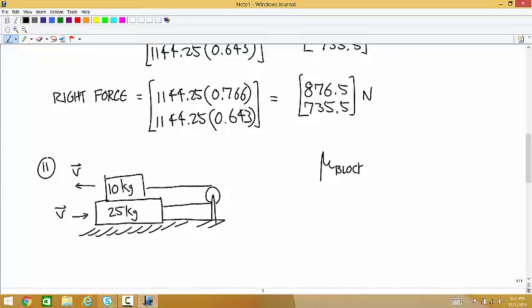The coefficient of kinetic friction between the blocks is 0.1, and the coefficient of kinetic friction between the bottom box and the floor is 0.2.